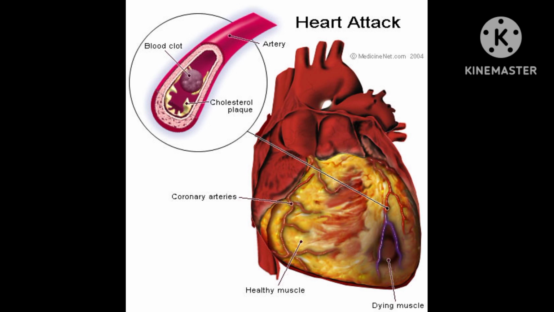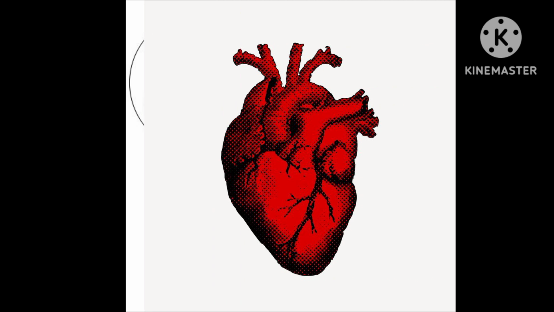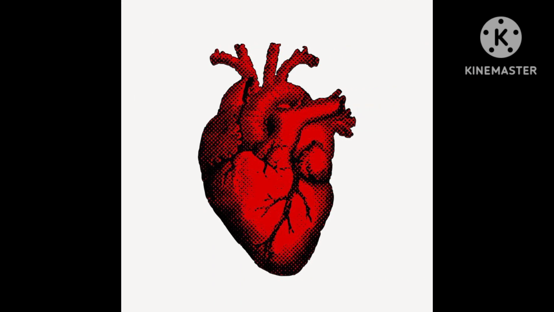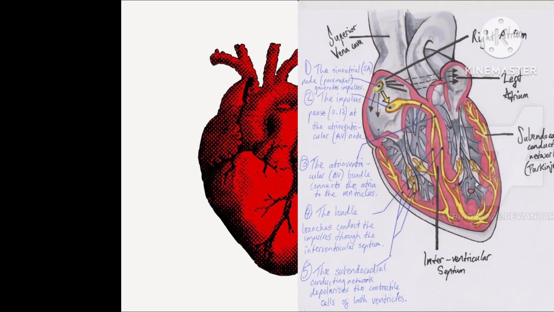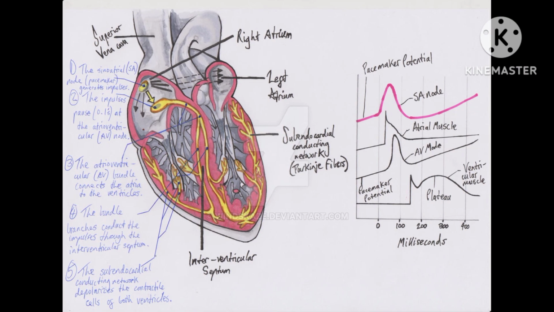Specialized pacemaker cells create an electrical signal that causes contraction or shortening of the muscle fibers. This muscle contraction is what causes the heart to sequentially pump out blood.